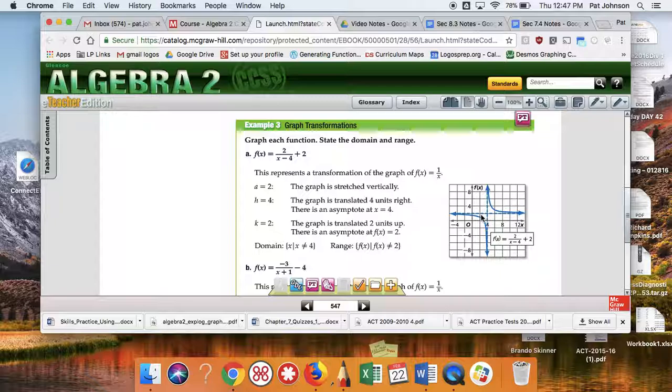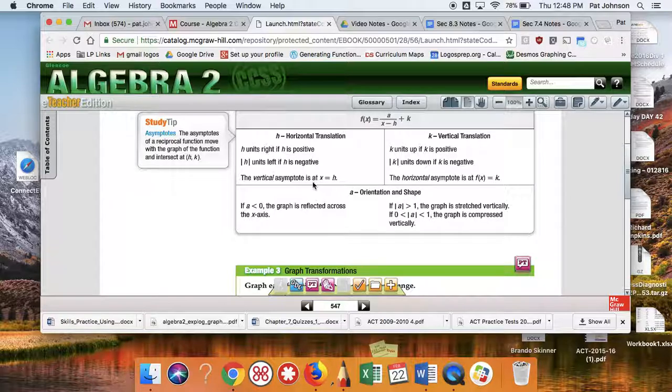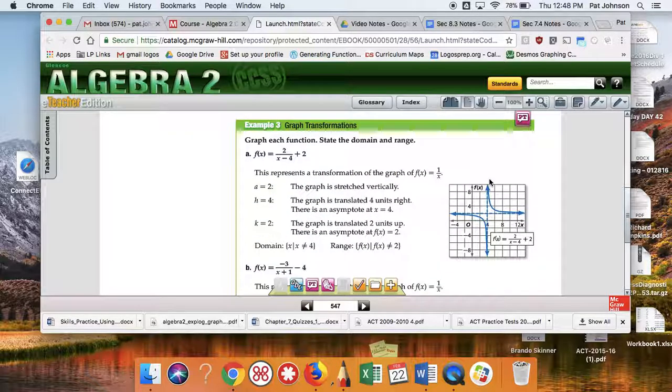Okay, so guess what? My domain and my range changes, and so does my asymptote. So now my asymptote from x equals 0 goes up 2 units. So your asymptotes, vertical is x equal h, just like before on the other graphs, and the horizontal asymptote is y equals k. Now this has 2 asymptotes instead of 1. The exponential and the logs only had 1, but this has 2.